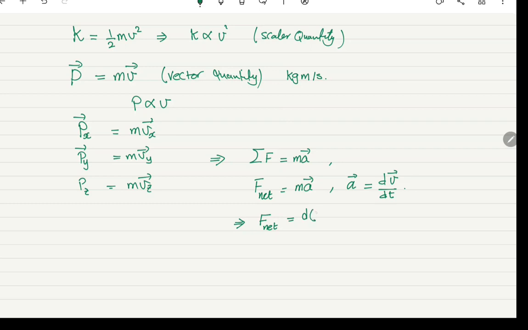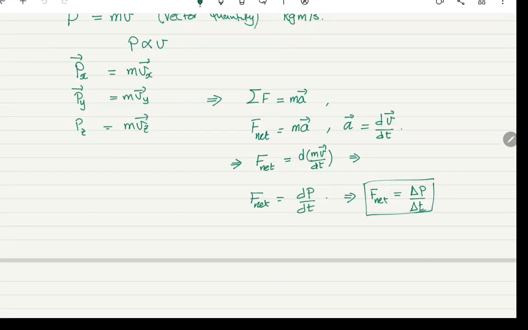Since mass is time independent, we can include it inside the derivative here, d(mv) by dt, and F net equal to dp by dt, or in other words, F net equal to delta p over delta t. Or in other words, F net is equal to the change in linear momentum with respect to time.